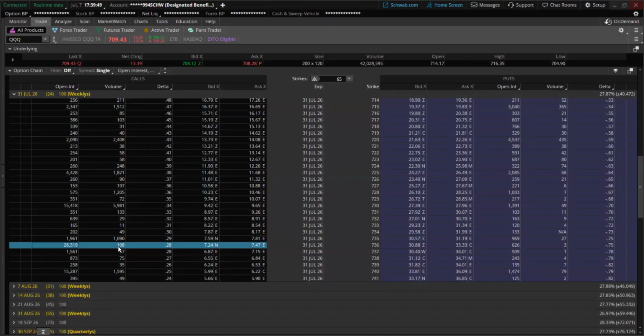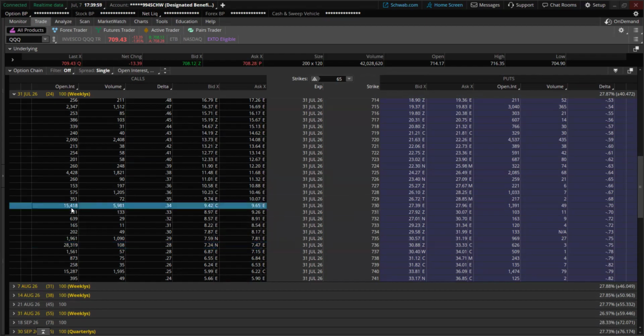We're going to go to the 730 strike. Here's the 730 strike right here. We're going to look at open interest, which is now 15,418, and the volume today, again, 5,981. Some of the volume is buying, some is opening new positions, some is closing positions.